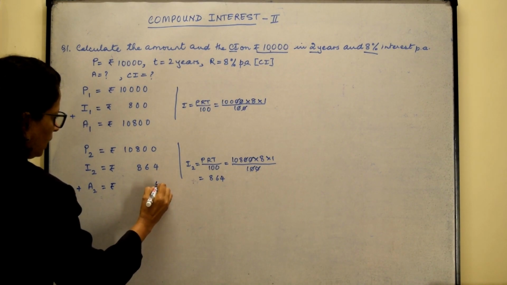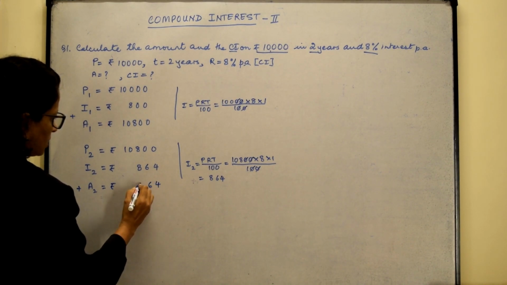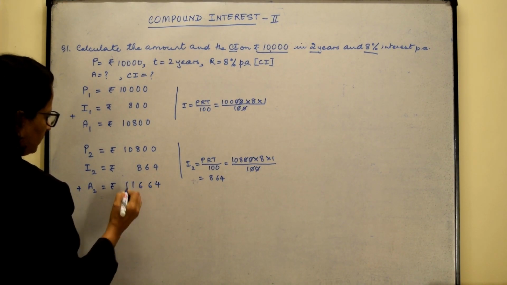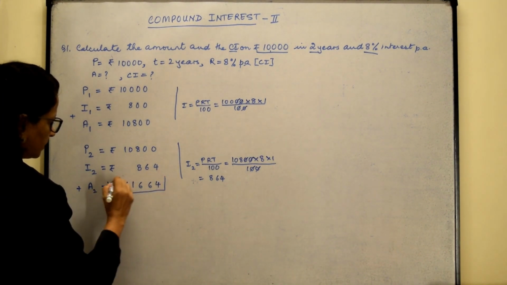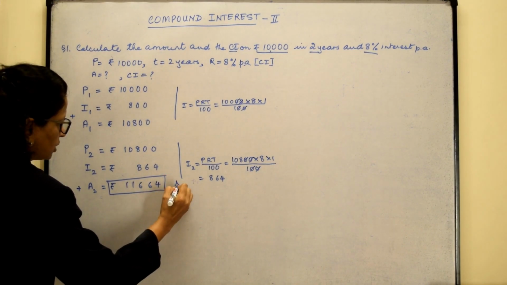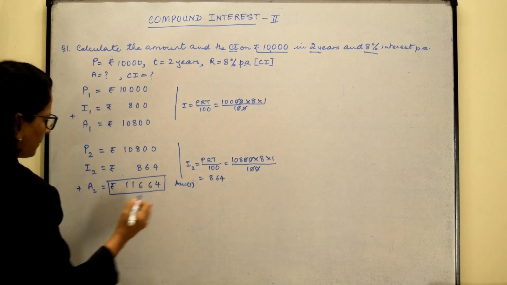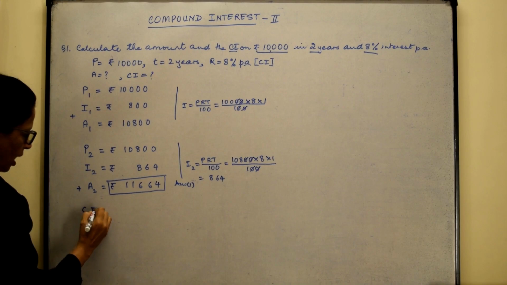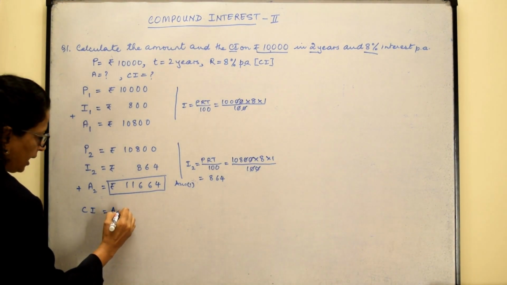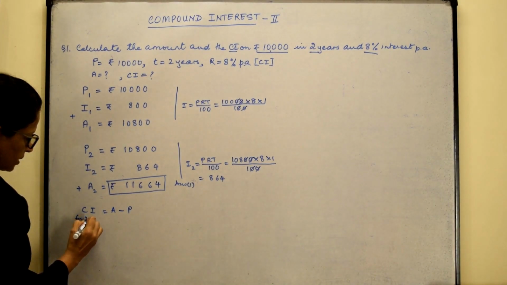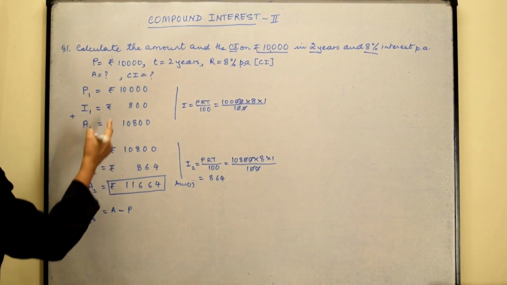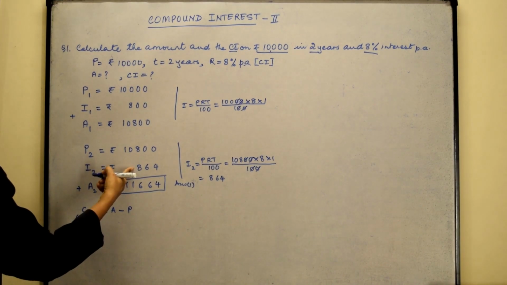and that will give us the amount after 2 years. So this becomes your answer 1, and the CI becomes A minus P. Now CI for 2 years is going to be CI1 plus CI2.